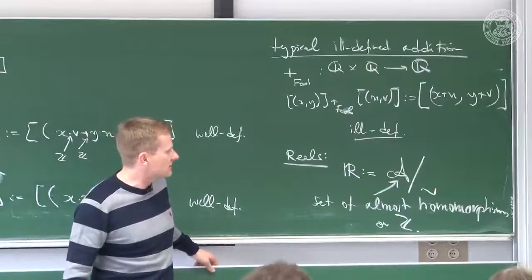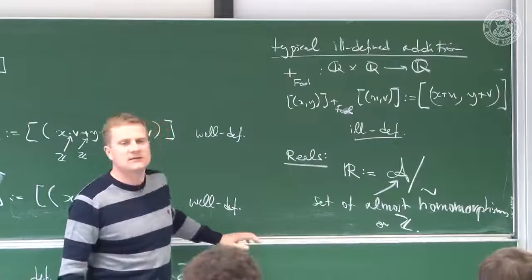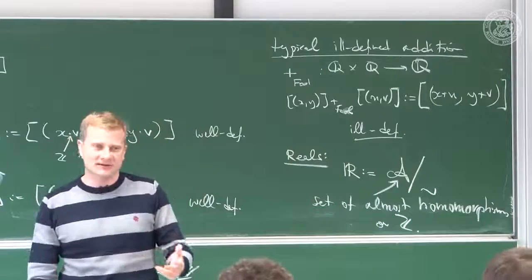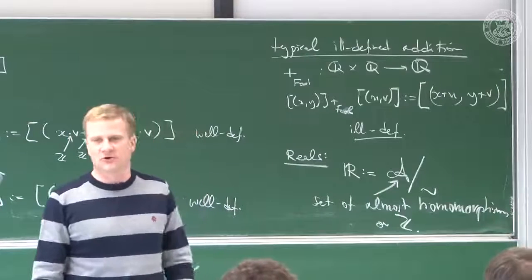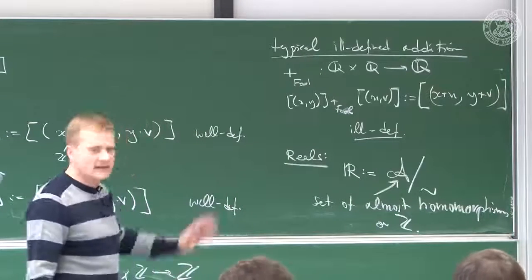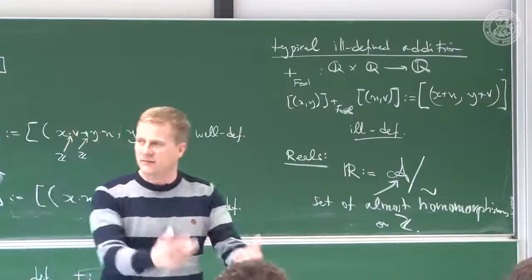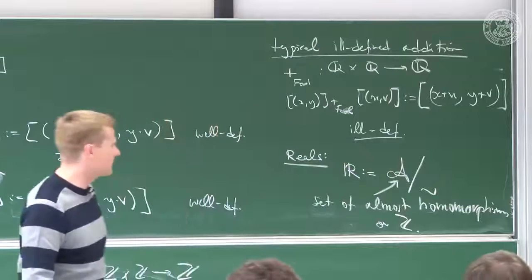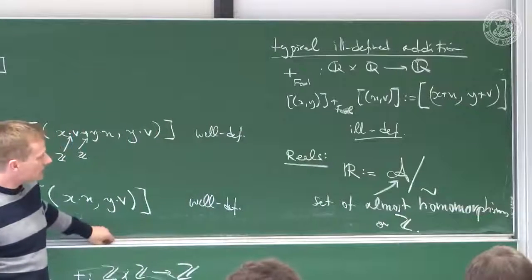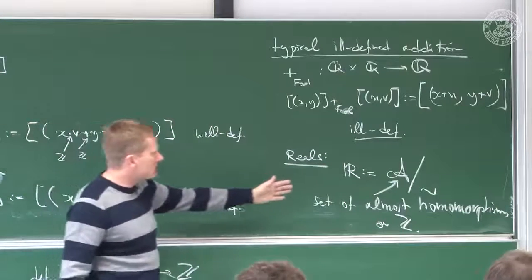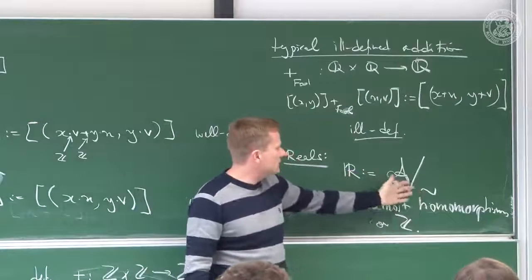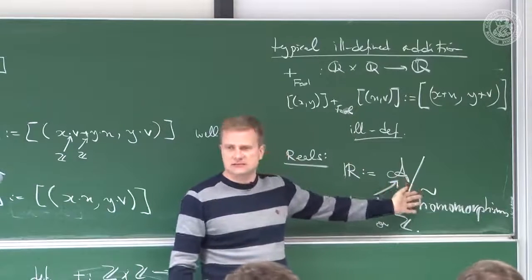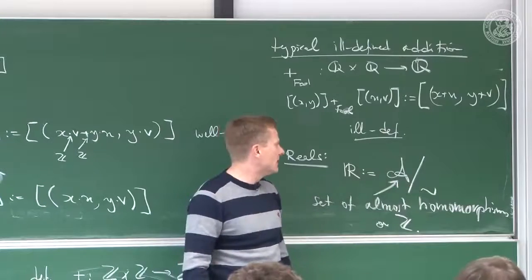Maybe you know this dictum by Kronecker, that the integers were handed to us by God and all the rest is man's work. In our case, the integers are handed to us from axiomatic set theory, and the rest is further work. Obviously, there are other ways to understand the reals. There are these Dedekind cuts, which are probably more standard.